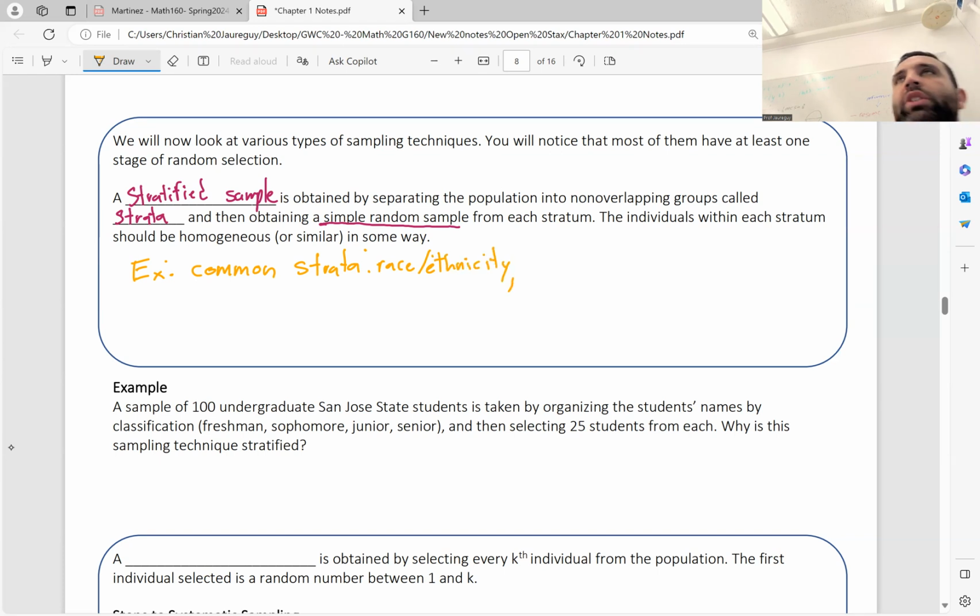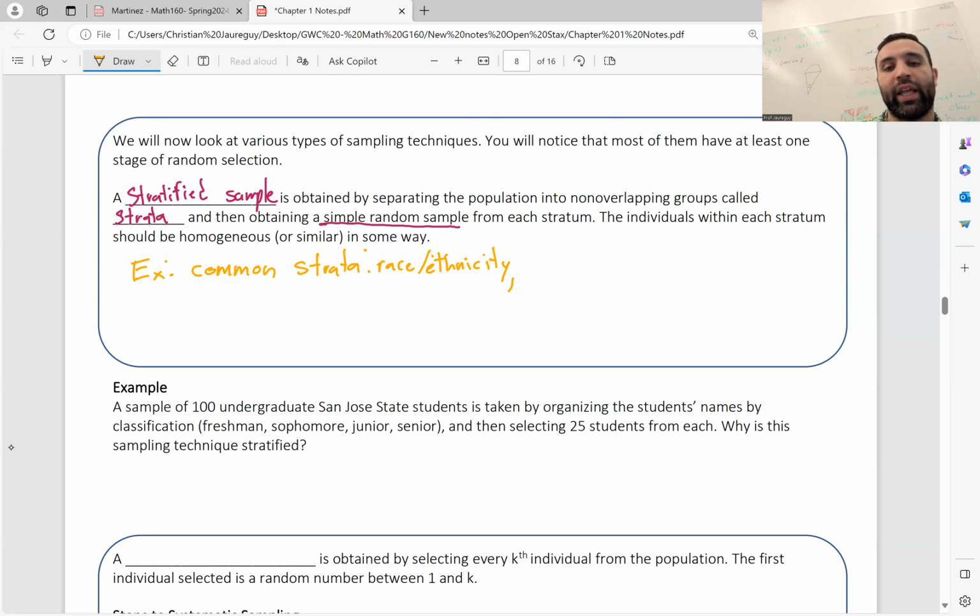Depending on the situation, we might want an opinion or some data drawn from each race, to where if we just did a simple random sample, we might exclude certain races depending on what state you're in or where you live. And we might need the opinion of each race and ethnicity, so that's something we want to make sure we do. Race and ethnicity is often stratified.